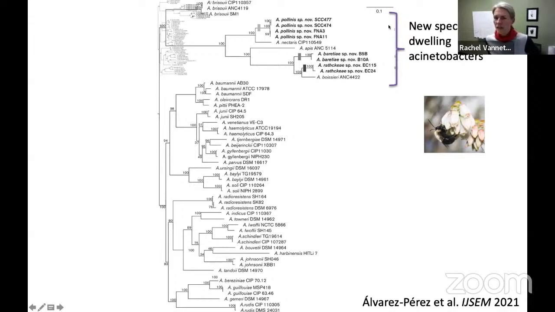So you can see these flower and also bee-associated Acinetobacters form their own clade. This is a picture of a bee here to remind me to tell you, really the only hit we had for some of these new species on GenBank was actually part of a Habropoda bee genome. So it had been included in the genome assembly of this bee. So clearly these are very pollination associated microbes.